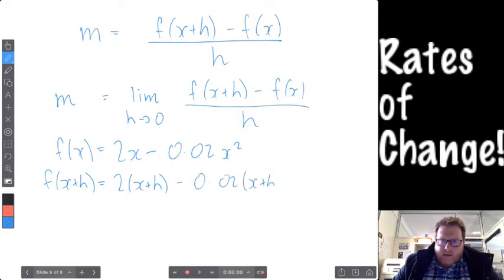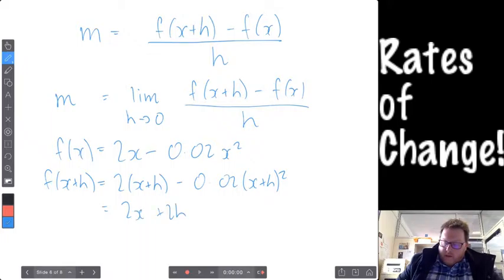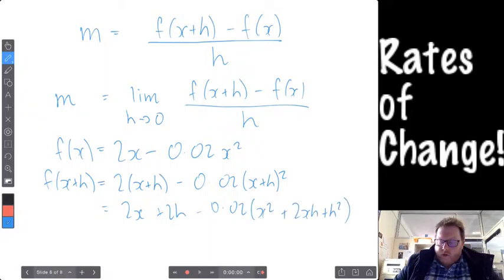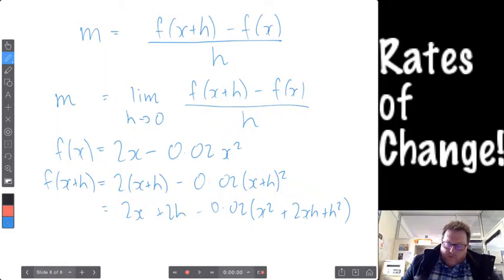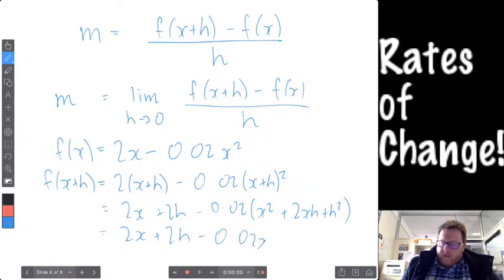Okay, now we can simplify this a bit, so let's go. So that's equal to 2x plus 2h minus 0.02 times (x squared plus 2xh plus h squared). That's just expanding a square. We've got 0.02 out there, so we've got 2x plus 2h minus 0.02x squared plus, what's 0.02 times 2?